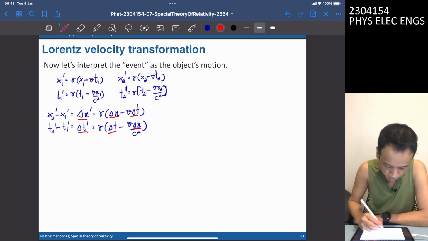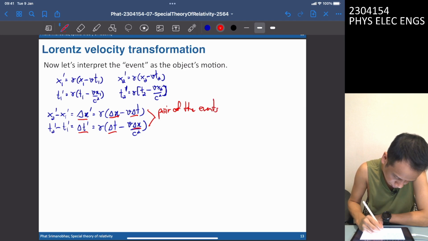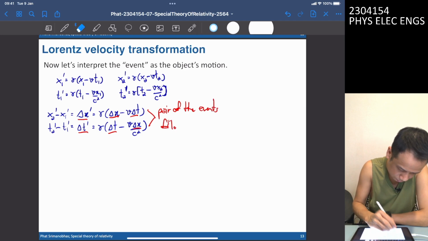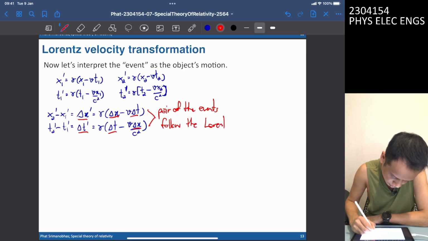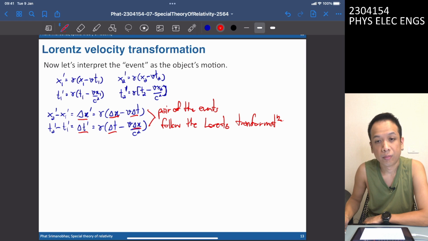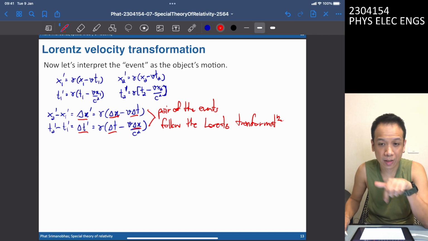So you can see that the pair of the events follow the Lorentz transformations. It's not only the transformation of the coordinates and time, but the pair of the coordinates and time also follows the Lorentz transformations.